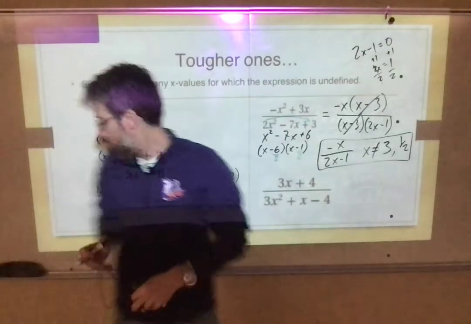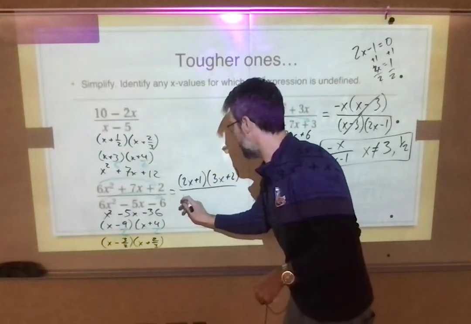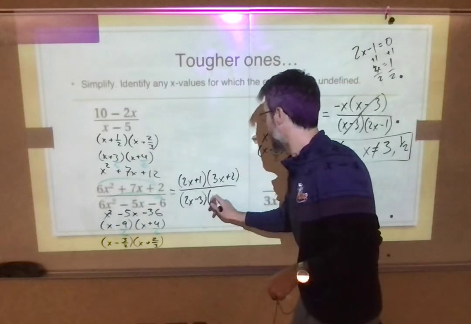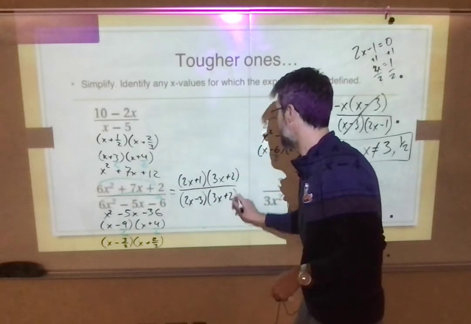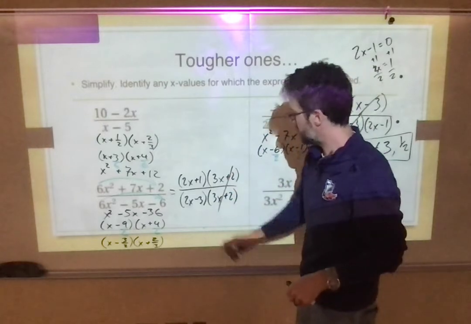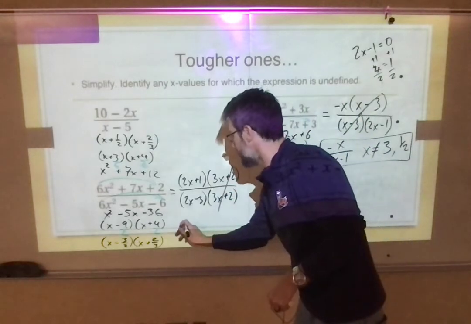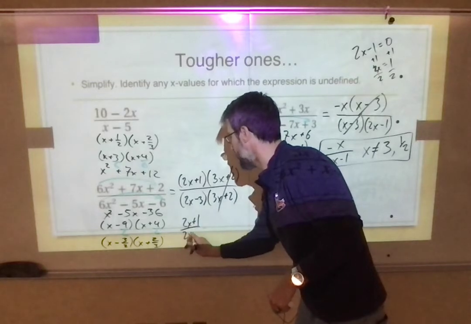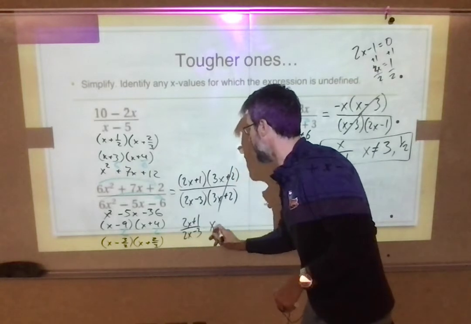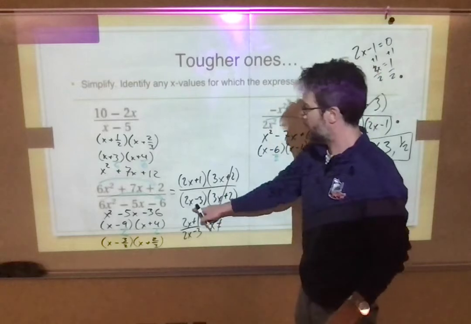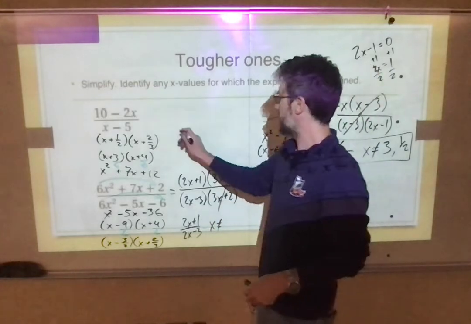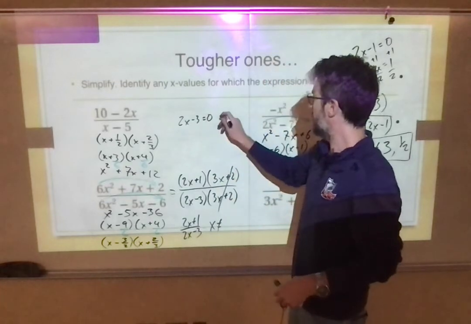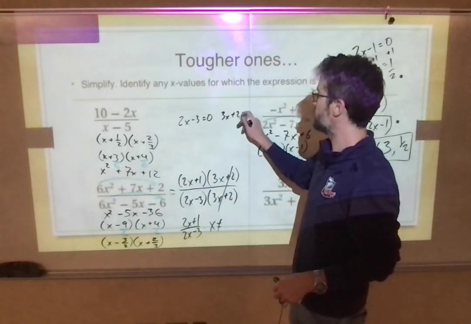So now I can take those denominators and move them in front, and I've got 2x minus 3 and 3x plus 2. The 3x plus 2's cancel out, so my simplified version, 2x plus 1 over 2x minus 3, and what can't x equal? I might need to set up both of these. So 2x minus 3 equals 0, and 3x plus 2 equals 0.